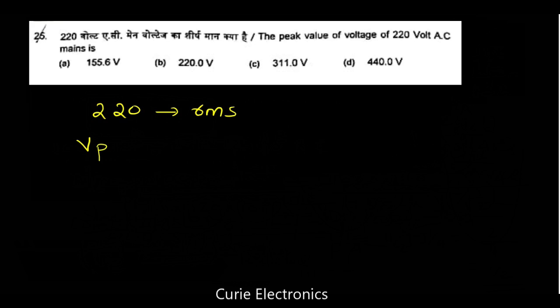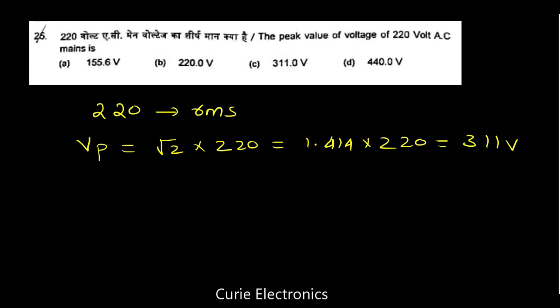Peak of this 220 volt, we have to multiply this by root 2. You will get 1.414 multiplied by 220. We need not do the calculation because we know it comes around 311 volt. Option C is the right answer.